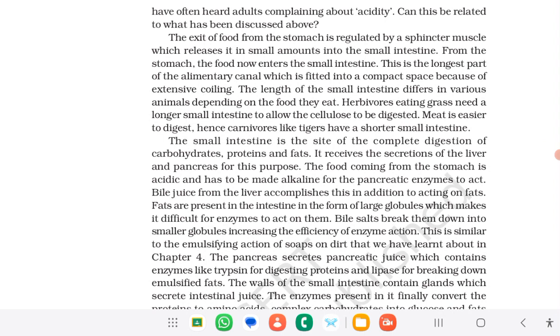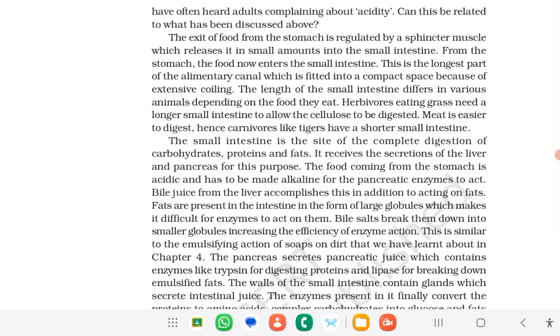From the stomach, the food now enters the small intestine. This is the longest part of the alimentary canal, which is fitted into a compact space because of extensive coiling. The length of the small intestine differs in various animals depending on the food they eat.